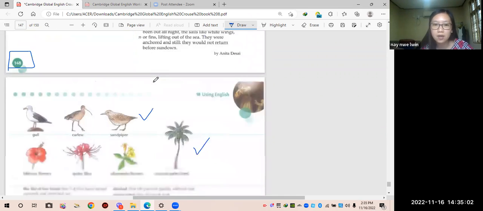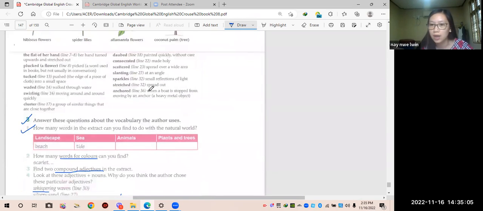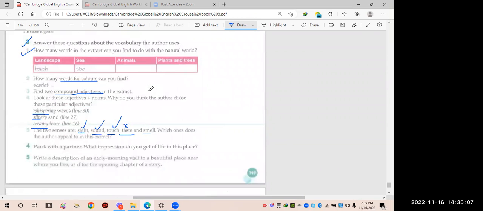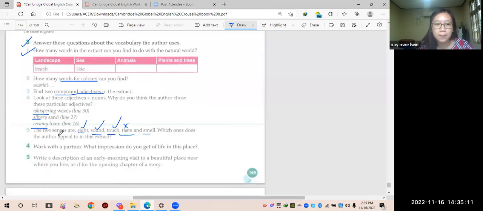So except for taste, we can find all the sense vocabulary there. So which ones does the author appeal to? We already answered this one: all four except taste.